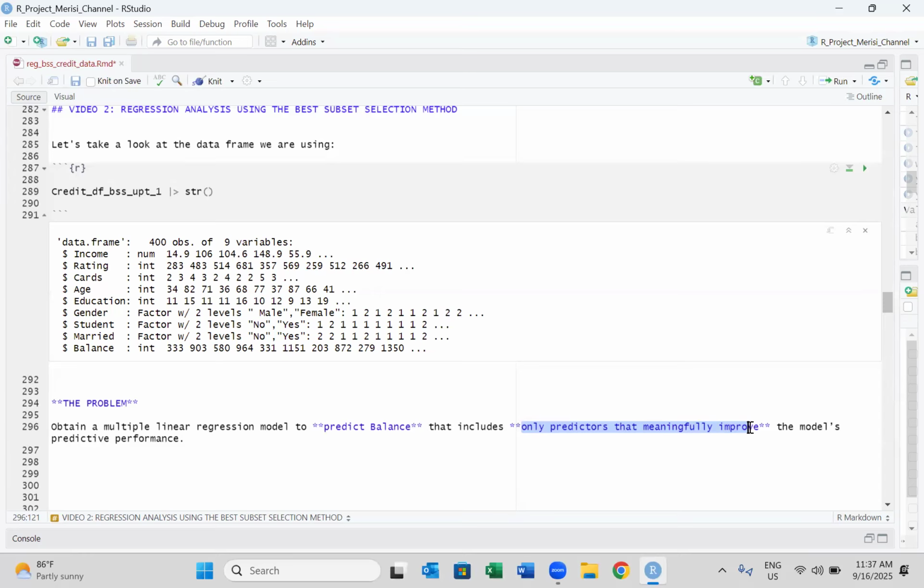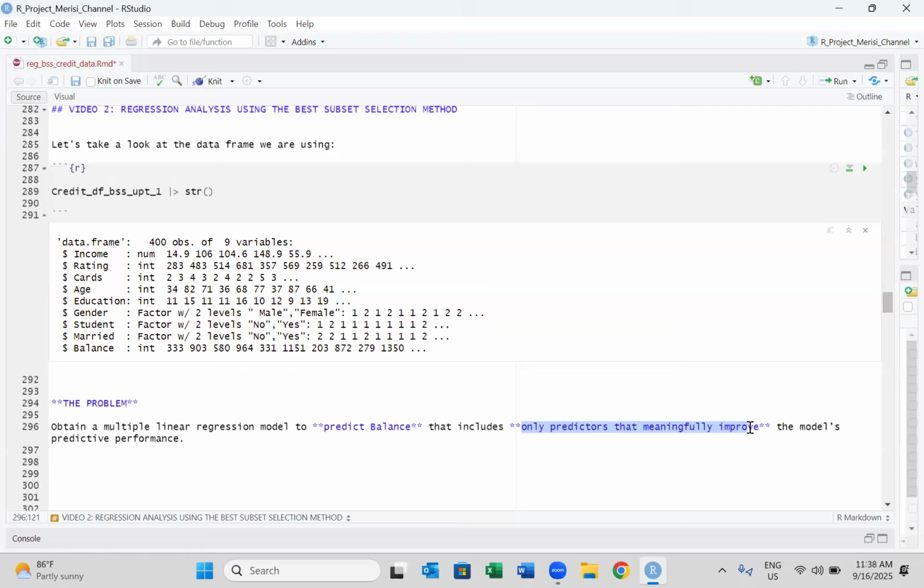What metrics account for overfitting? Many metrics. For example, adjusted R square, residual standard error, the Cp statistic, BIC, Bayesian information criterion, and many others, okay? In this video, we are going to use two of those metrics, adjusted R square and residual standard error, okay?